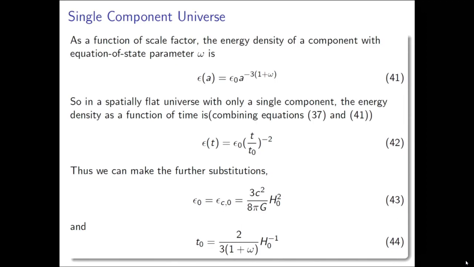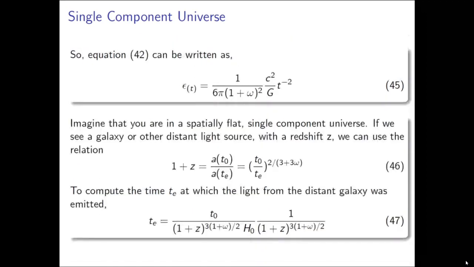The age of the universe can be given by 2 by 3 into 1 plus omega times 1 by h naught, or h naught to the power -1. So we can compress all of this to epsilon of t equals 1 by 6 pi times 1 plus omega square c square by g times t to the power -2. So this is the energy density in a spatially flat universe.